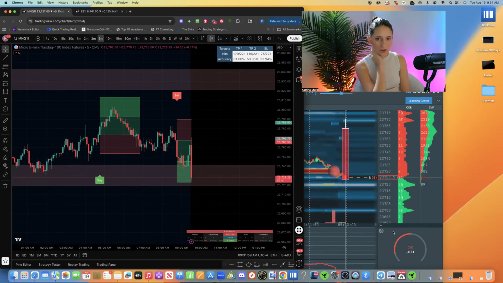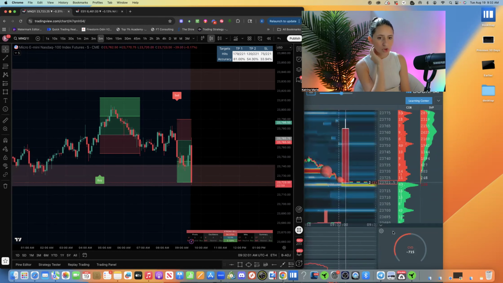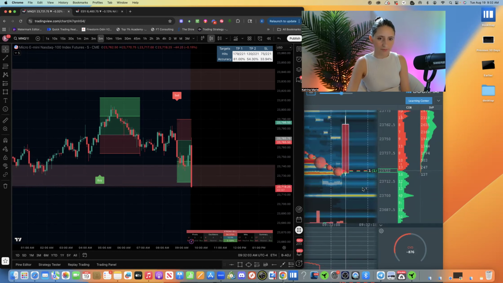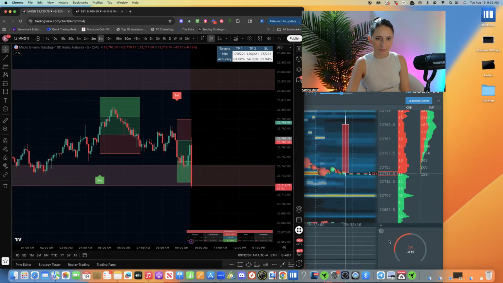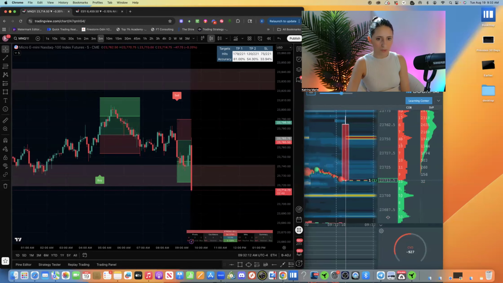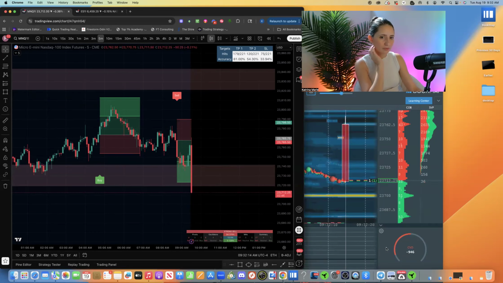And the sellers seem to be absorbing all of that. So they're absorbing that, which means there's going to be a stronger push down.